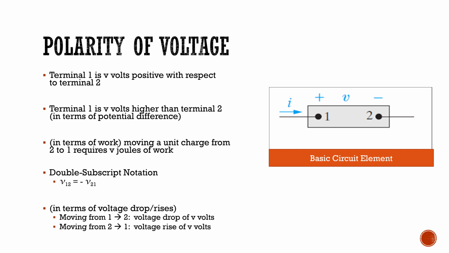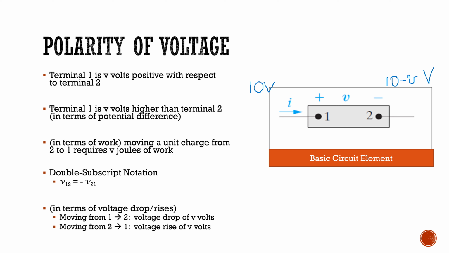As an example, if we have 10 volts on the terminal 1 side, and we are going through a voltage drop of V volts, then on the terminal 2 side, we would have 10 minus V volts.